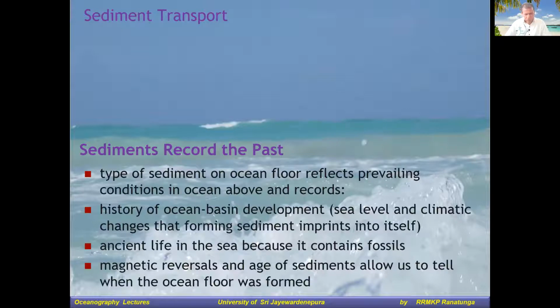I also mentioned last week that sediment can be used to record the history of the earth, because it is deposited layer by layer, year by year, decade by decade, century by century, or sometimes over millions of years on the ocean bottom.